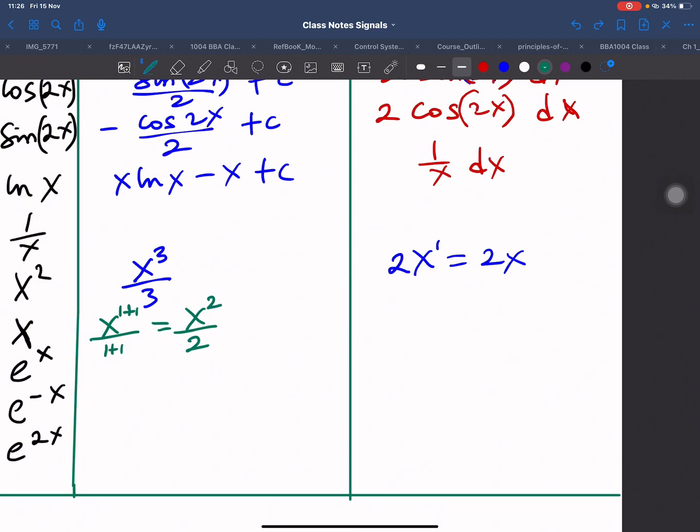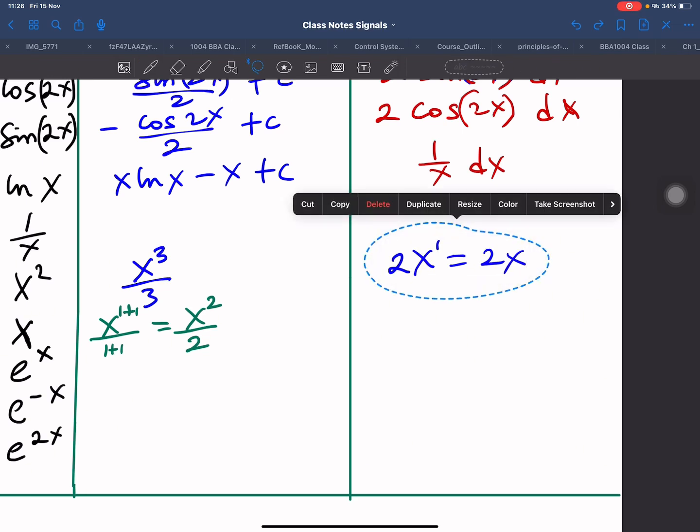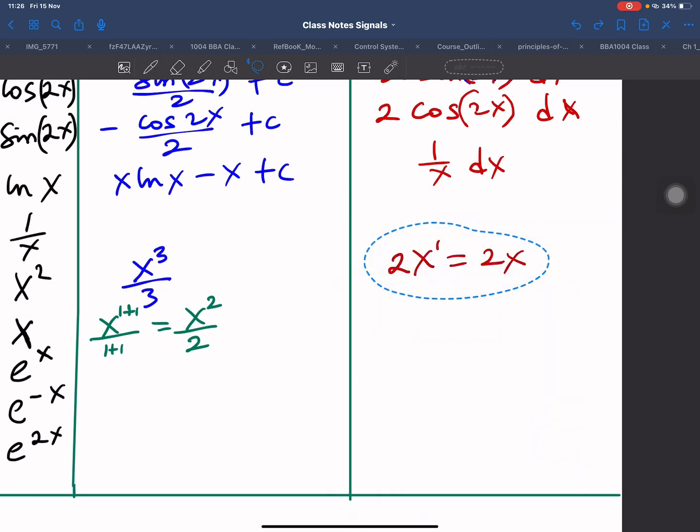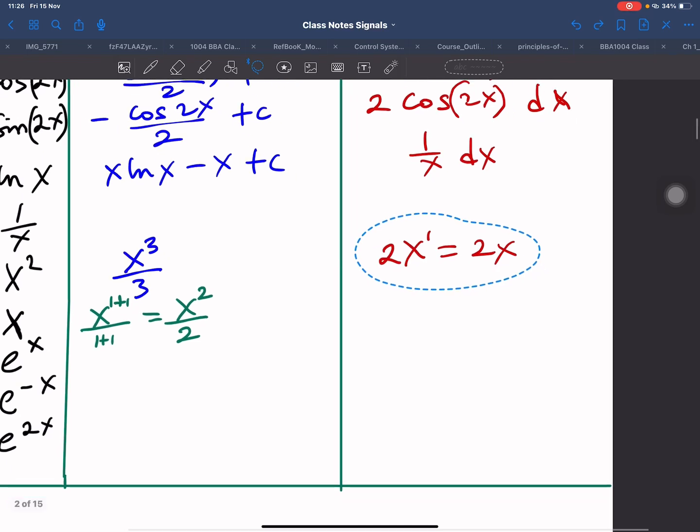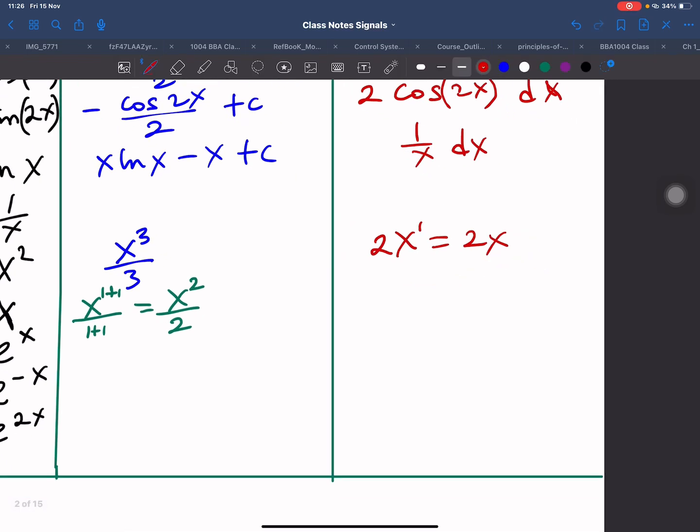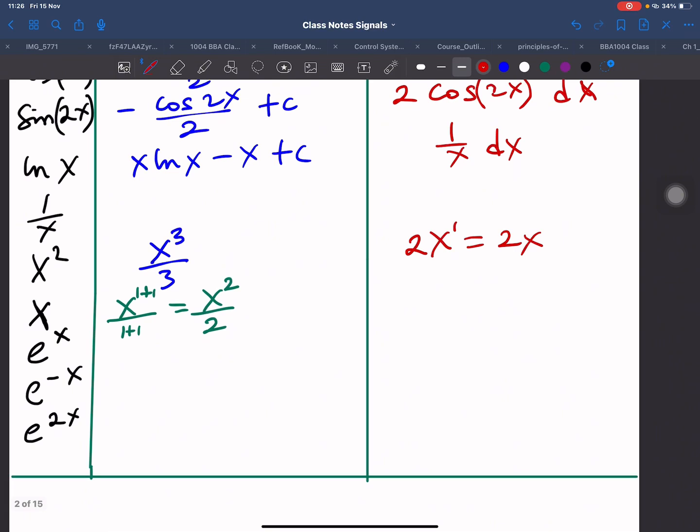So for the derivative, what we're going to do now is, we are given x.